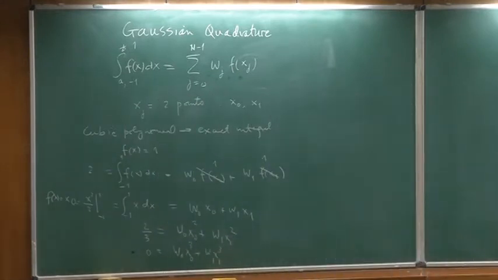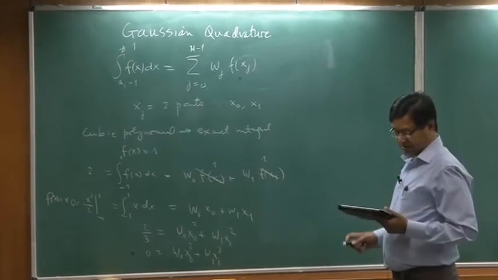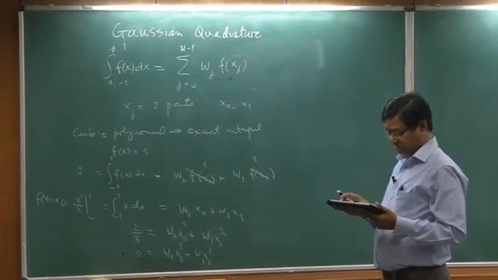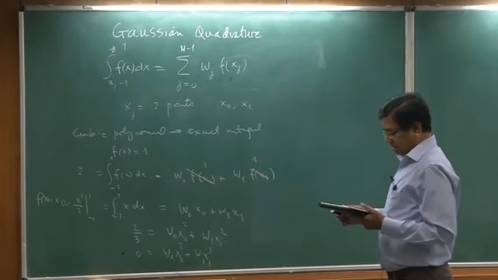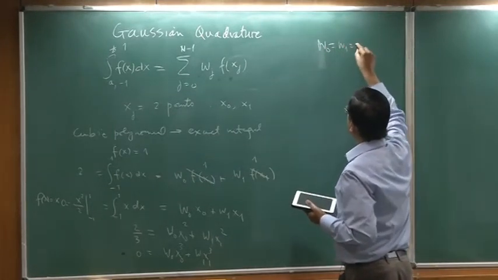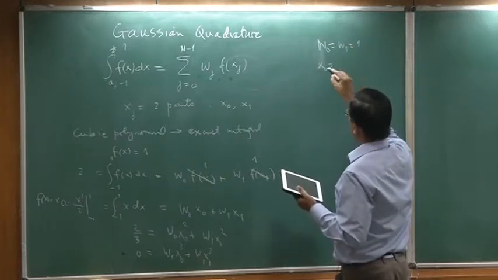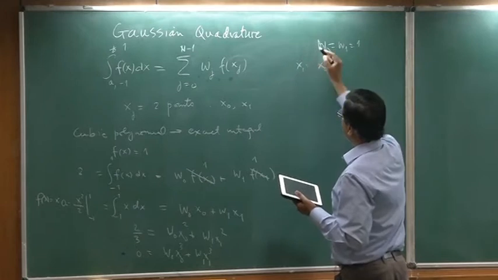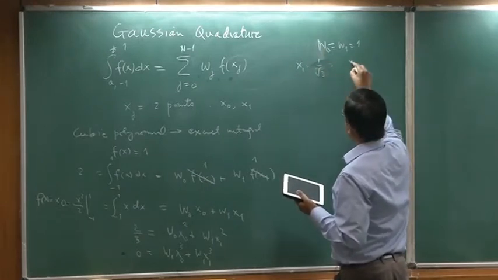It turns out you can solve it exactly, even though it is cubic, with some simplification, and the answer which comes out is that both the w's are 1 and x0, x1 are minus 1 by root 3 and 1 by root 3.